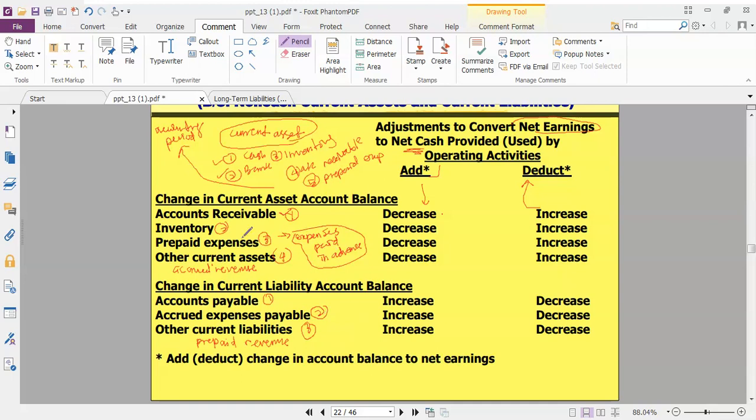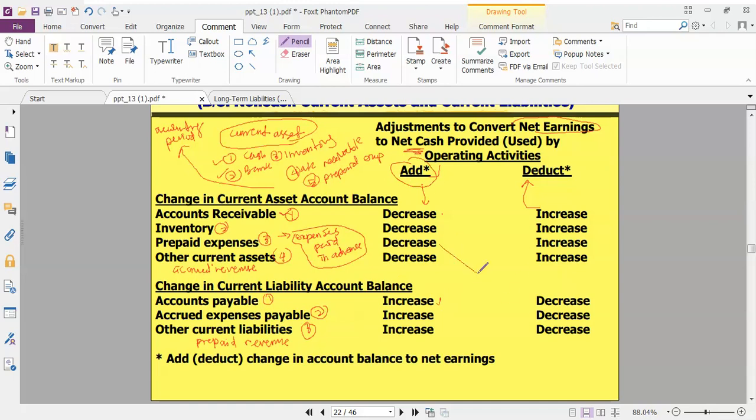So look here. The difference between the changes in current asset and current liability is that when there is a change in the non-cash items here, account payable, accrued expenses, and other current liabilities, when the amount is increased, you should add.